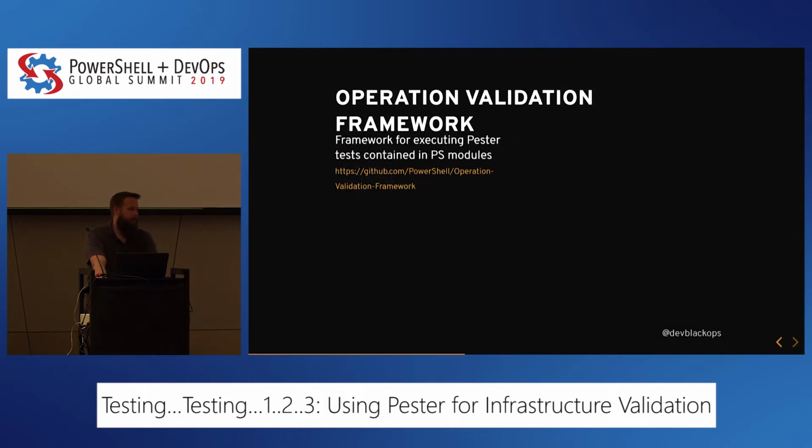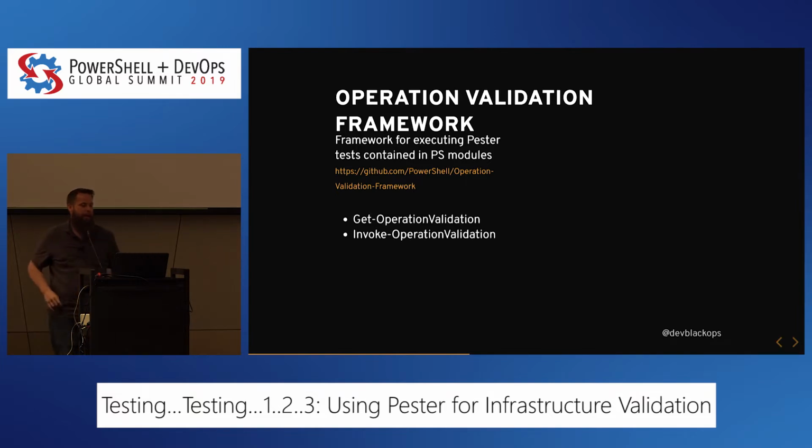So the operation validation framework is something that plays on top of Pester. This was originally created at Microsoft by Jim Truher. I've since taken over maintainership of it a couple years ago. And what this does is it allows you to put your Pester tests into a certain folder structure in a module and allows you to use a module as a vehicle to distribute your Pester tests and version them and get all the benefits of a module.